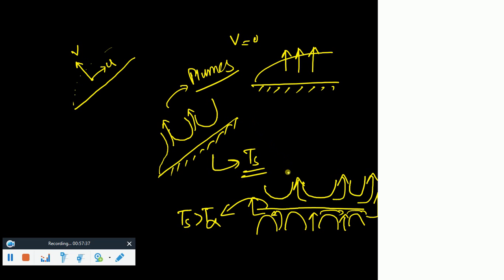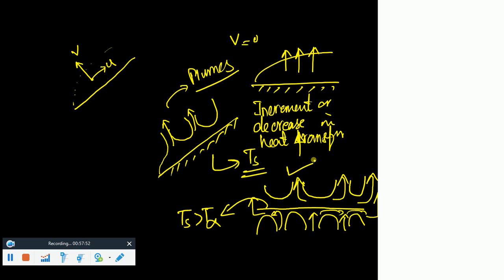Okay, and this is why you would have an increase or decrease in heat transfer in case of natural convection. And the flow regime, the flow configuration, is completely different from that which you observe in internal flows or external flows for forced convection cases.